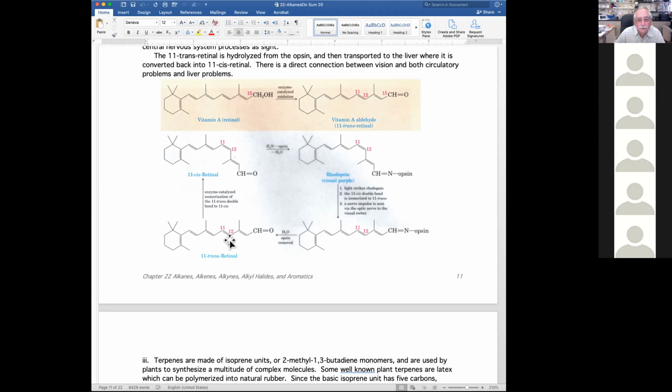It's removed in the trans form. It has to go to an enzyme that is basically in the liver, and then it gets converted back into the cis. Then it goes back to the eye again, to be converted into rhodopsin, and now it can react to light again.